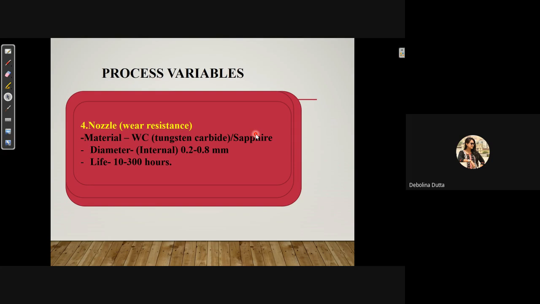So you can understand, the expected life of a nozzle is about 10 to 300 hours. This is the life expected from a nozzle. To achieve this amount of life, we need to prepare the nozzle from a very hard material, which is tungsten carbide or sapphire. Mainly we need a material with very high wear resistance.